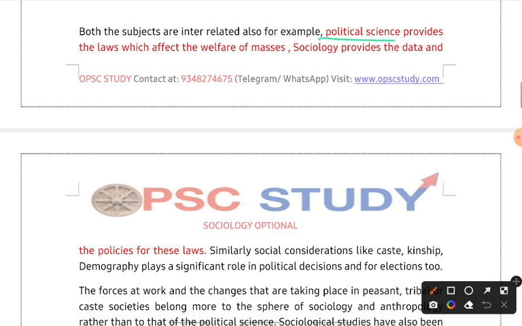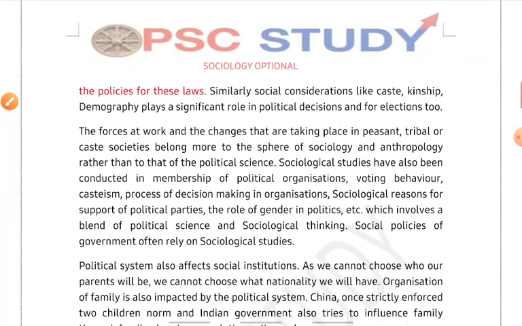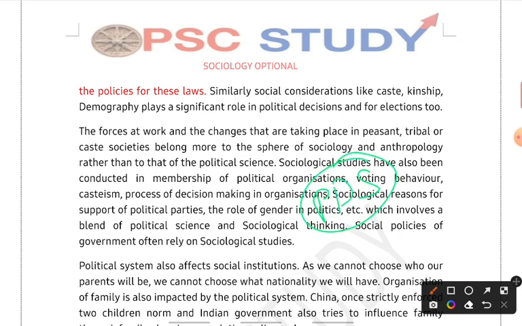As for example, political science provides the law, which affects the welfare of the masses. Sociology provides the data and the policies for this law. You can understand this, for example, if a government wants to implement a scheme, a PDS scheme, let's suppose. The implementation part will be done by the political authorities.